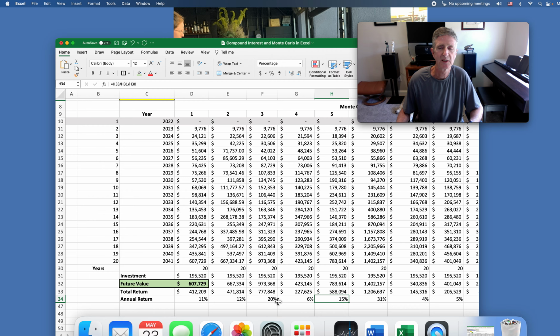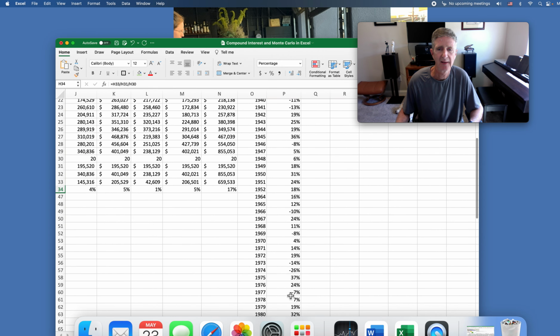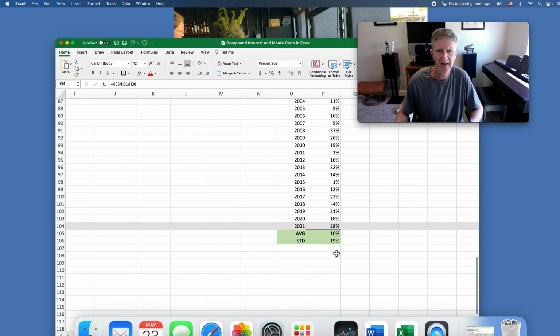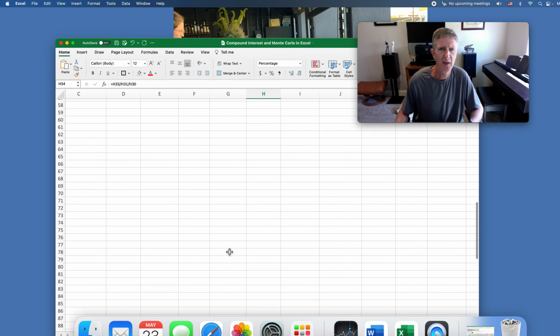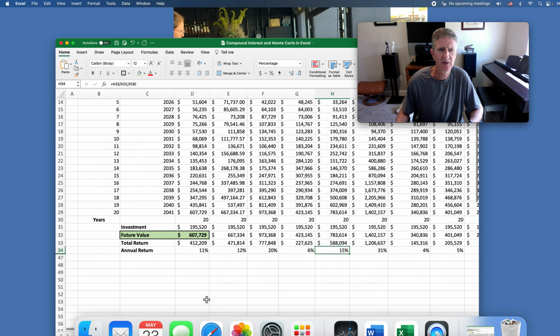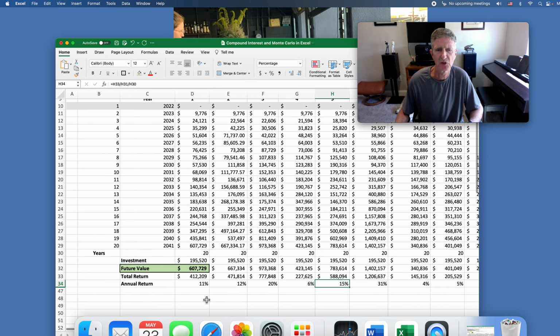Now, we said before that the average interest rate is 10 and the standard deviation is 19%. But if you go over 20 years, the standard deviation gets much smaller. I'll explain that in a minute.